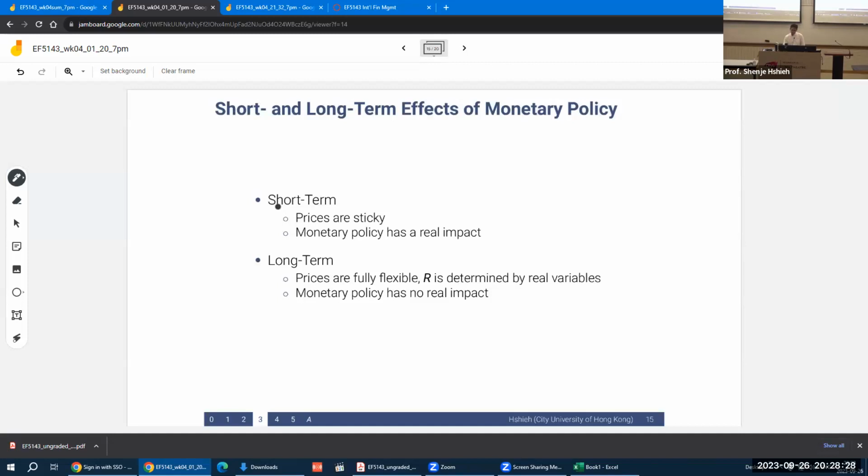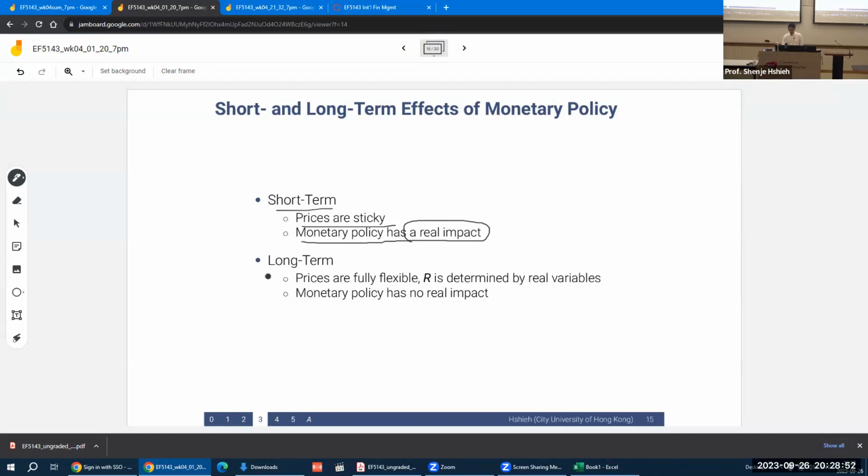Yeah, so as I said already, short term means prices are sticky. The punchline here is monetary policy has a real impact, assuming there's no manipulation in the FX regime. So we're not assuming we have Hong Kong style currency pegs. We're not assuming that at all. We're assuming that all currencies are floating.